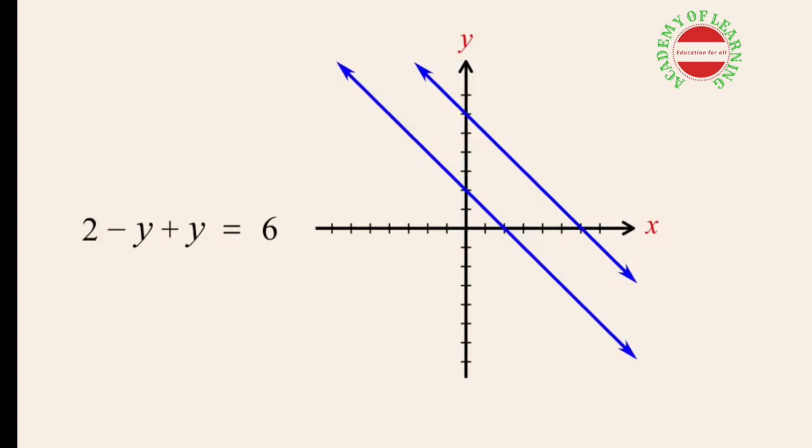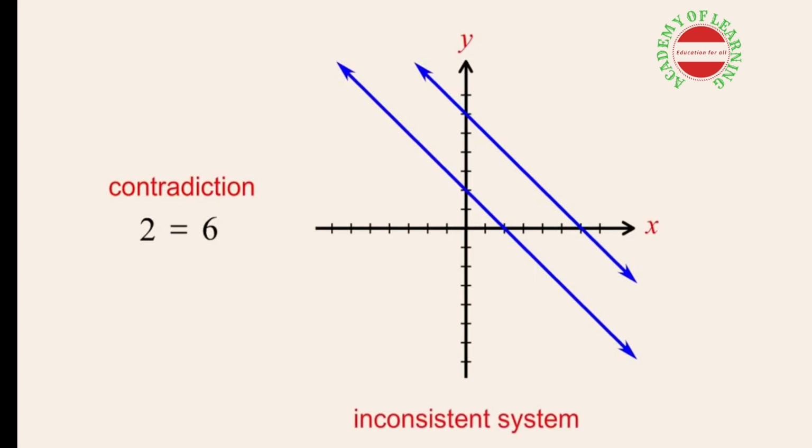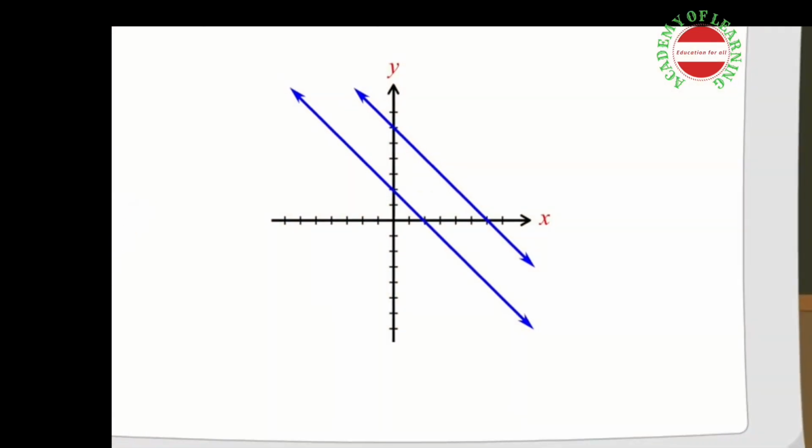The two y terms then cancel, leaving us with the contradiction 2 = 6. Once again, obtaining a contradiction indicates that this system has no solutions and is therefore inconsistent. Since the system has no solutions, its solution set is the empty set.